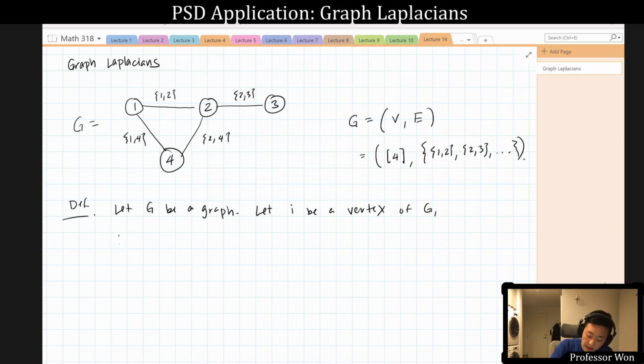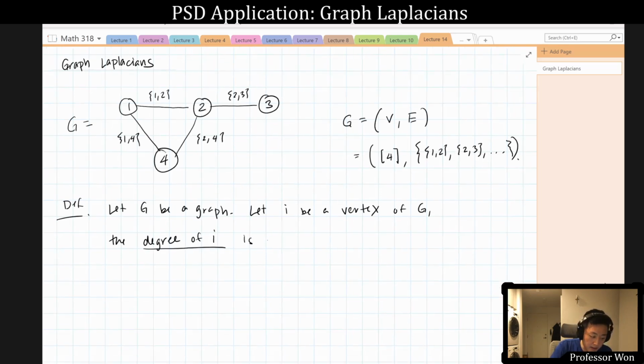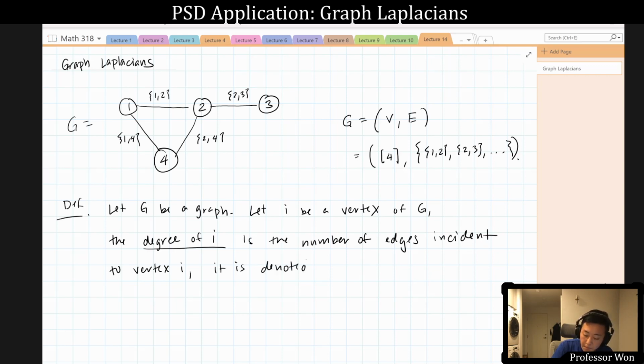Then the degree of i is the number of edges incident to vertex i, and it is denoted d sub i.